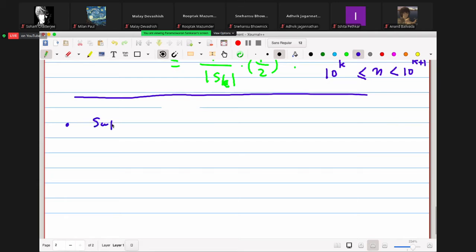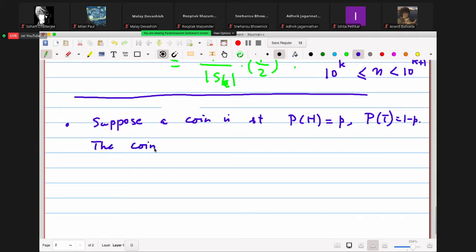Suppose a coin is such that the probability of head is p, this time a biased coin possibly. So the probability of tail is 1 minus p.